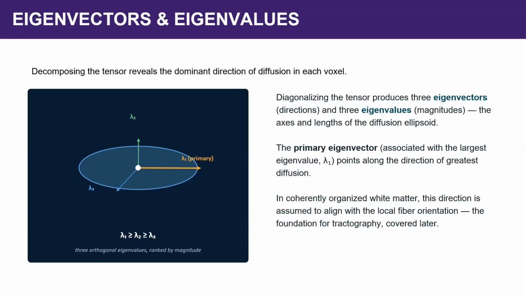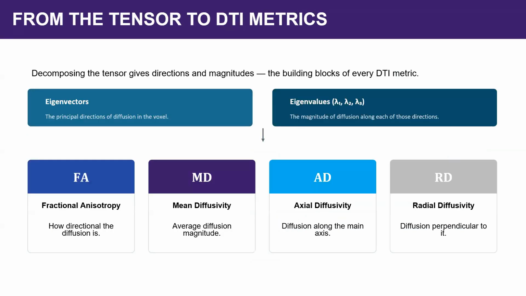Why is this important? Because when you have these eigenvalues, you can have different parameters. You can evaluate with your diffusion with at least 6 directions. I don't know if you have heard about these main parameters. The fractional anisotropy, which I will talk about soon, is between 0 and 1.